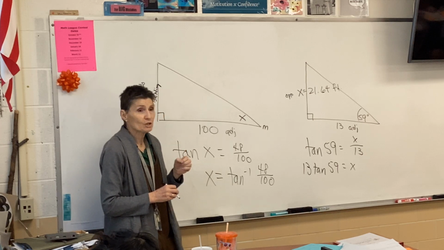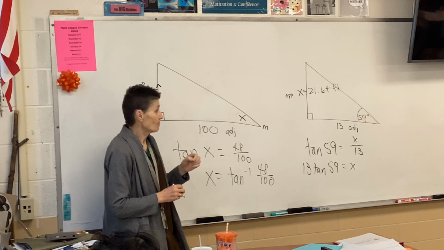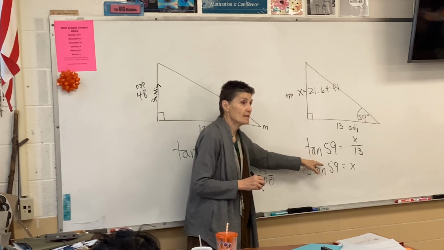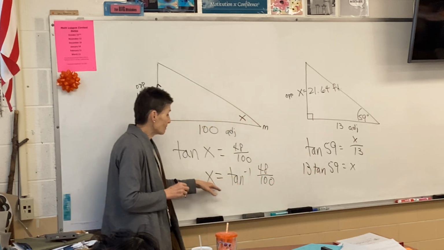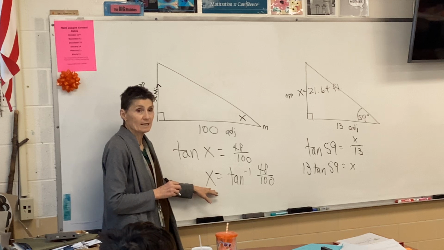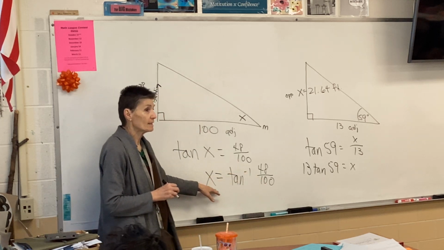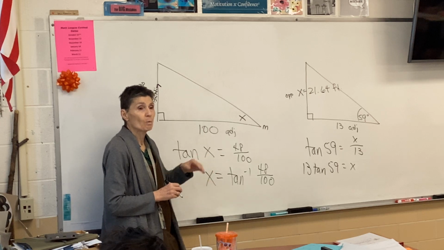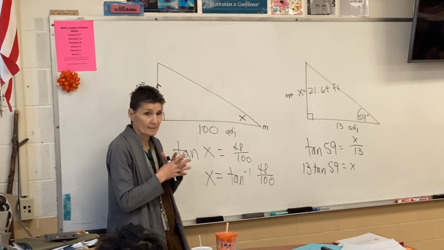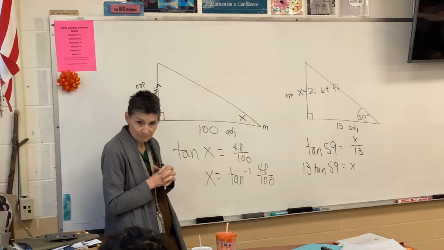We talked about this yesterday. Sometimes we use regular tangent, and sometimes we use second tangent. The only time we use second tangent is when our question is find the angle.